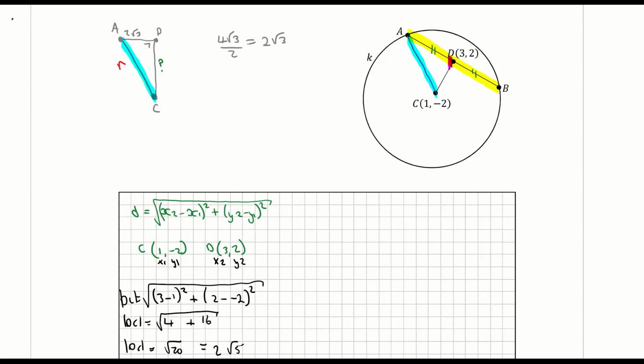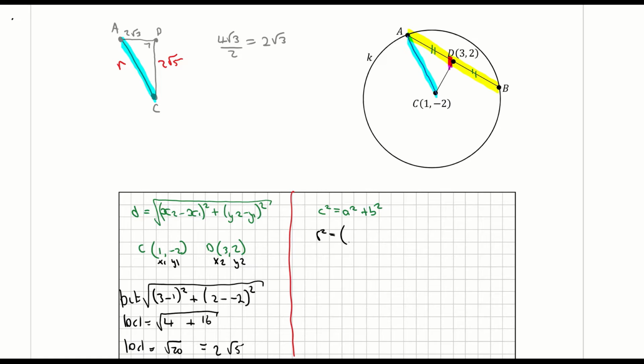So I'm going to come back up to my little sketch here and I'm going to write that in. So I have 2 root 5 here for the distance from C to D. Now I can actually find the length of my radius line using Pythagoras' theorem. My formula for Pythagoras is c squared is equal to a squared plus b squared. C squared must be the hypotenuse, the side across from the 90, so that's going to be my radius.